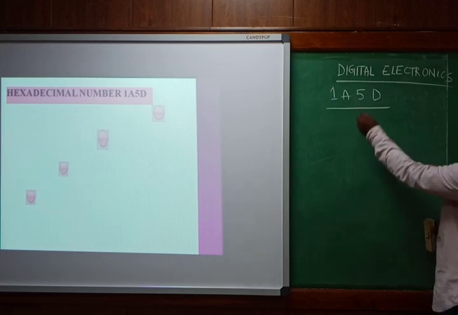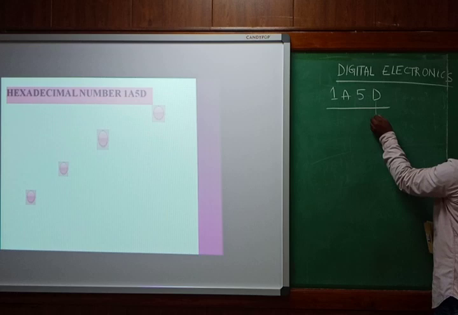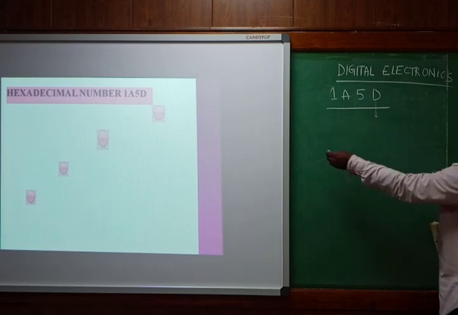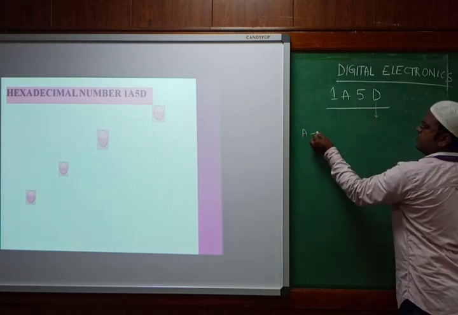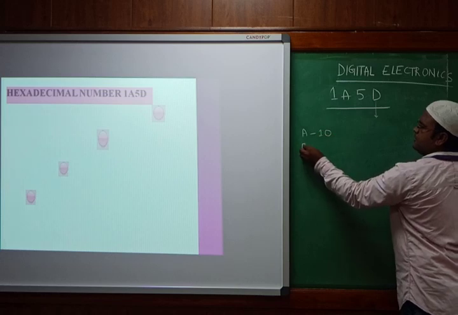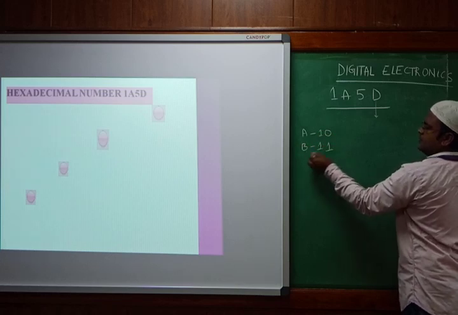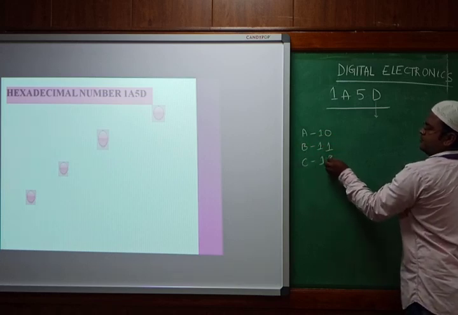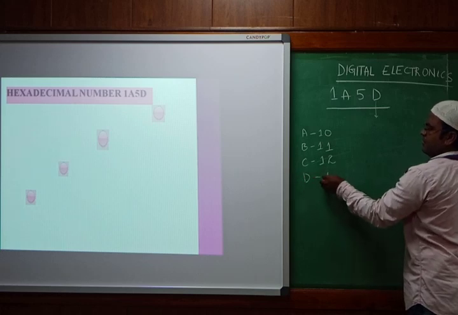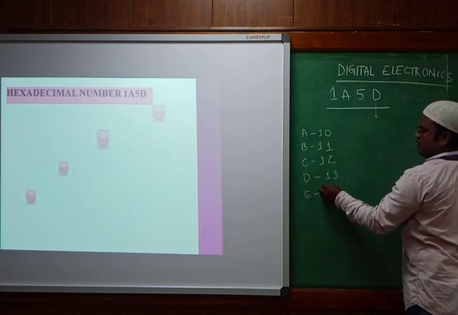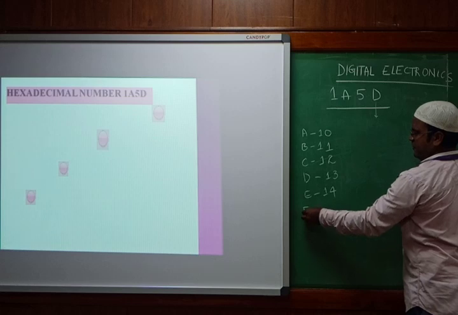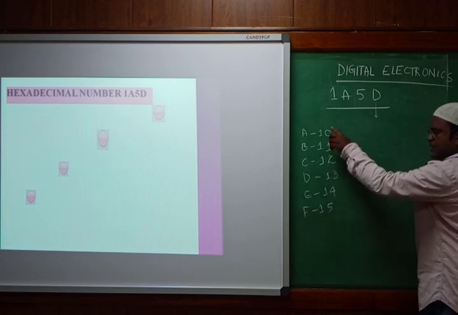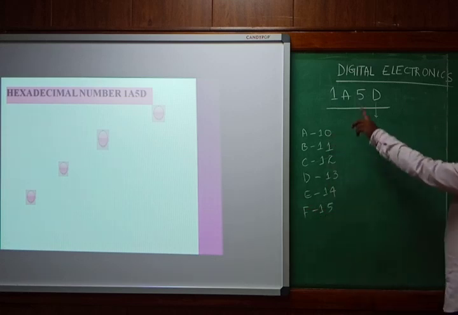So how do I write the place value for it? If I do have D, first of all, what does D mean? A, we know that A is 10. B is 11. C is 12. D is 13. E is 14. F is 15. So by taking all these values, we can write it over here.